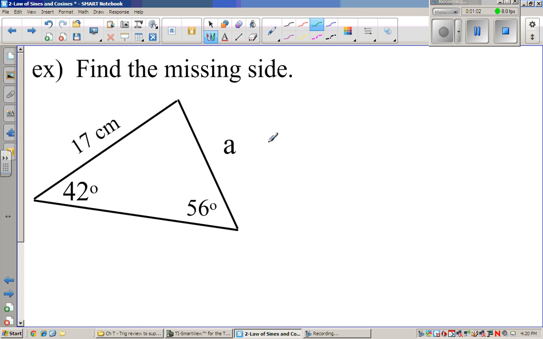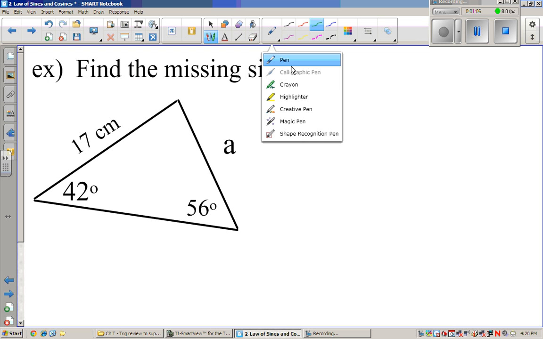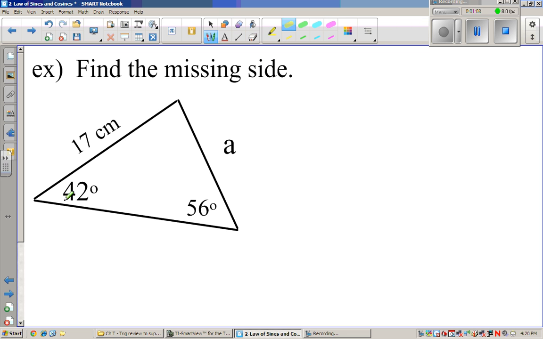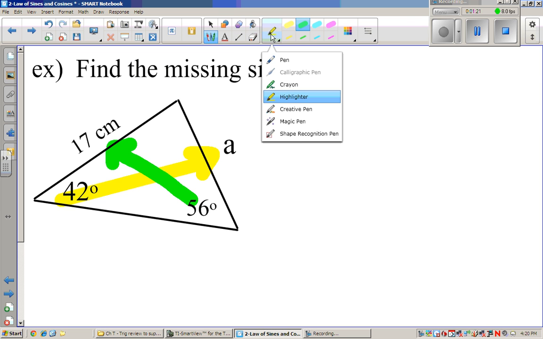All right, so let's try this with this problem. I find that it's really helpful to connect what's opposite to each other. So from 42, we can see opposite it is side a. And from 56, opposite it is side 17. And so we can say, oops, let's get our pen. There we go.